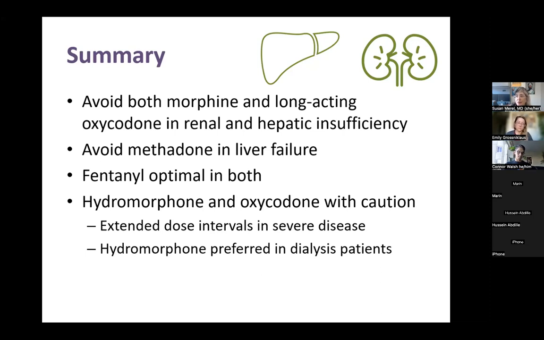We should avoid methadone in liver failure. Fentanyl is totally optimal in both, and generally you would consult chronic pain or palliative care if people needed a lot of fentanyl. But on a daily basis on the wards, you guys are probably already using hydromorphone and oxycodone with caution, with that Q6-hour dosing interval that we talked about. And again, hydromorphone preferred in dialysis patients. All right.